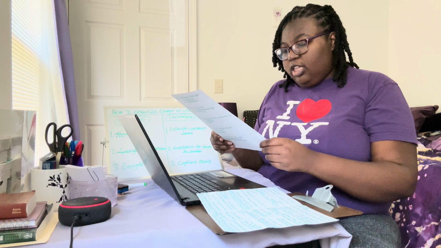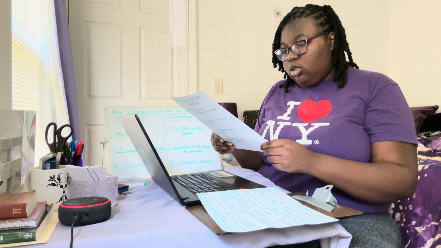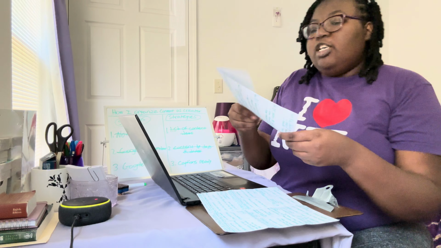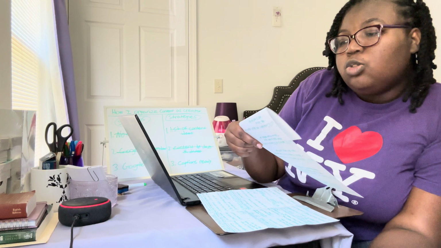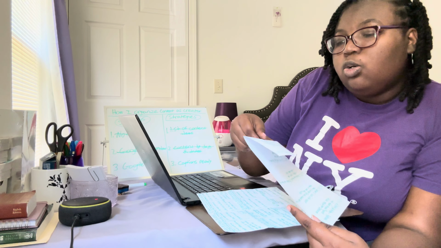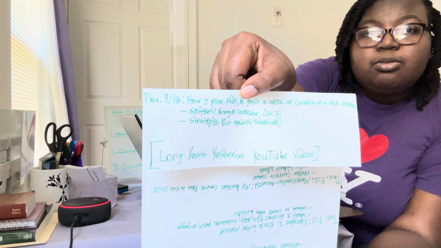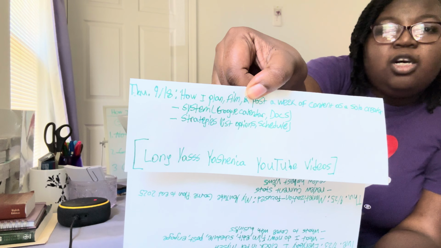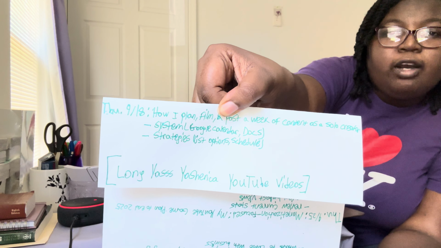Okay, so this is the very last one down here. I don't know if I'm going to keep the same long title, but as you can see, it says how I plan, film, and post a week of content as a solo creator. And then I have the systems, and then the strategies. I don't have all of them, but just to give me an idea, just to start me off, and then I'll finish it up on this paper.